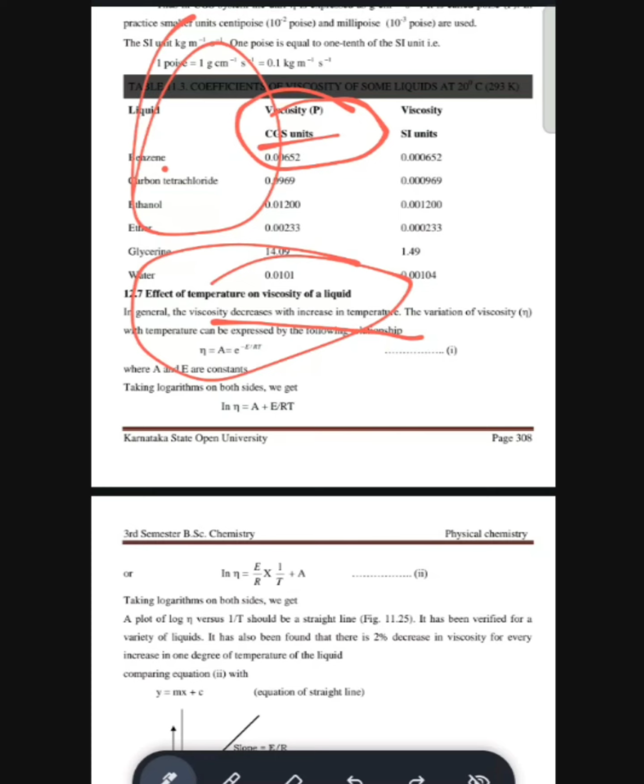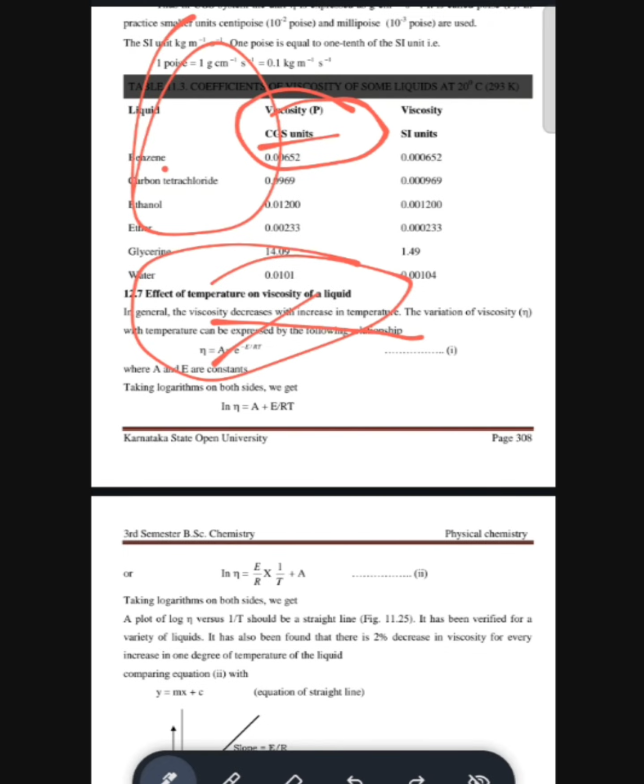The variation of viscosity, that is eta, with temperature can be expressed by the following relationship: eta is equal to A e to the power of E by RT, where eta is the viscosity, A is a constant, E is the energy.